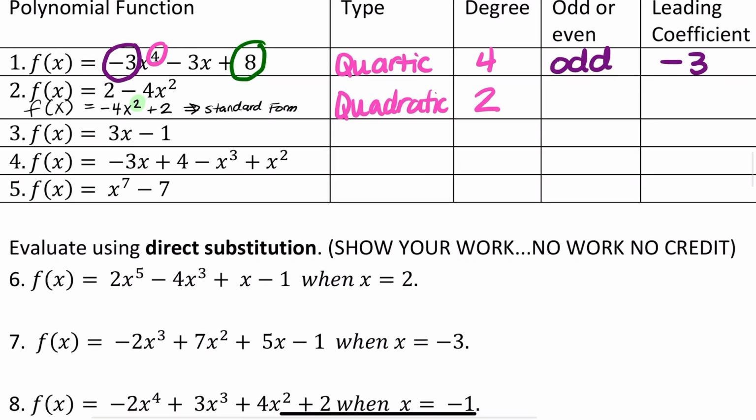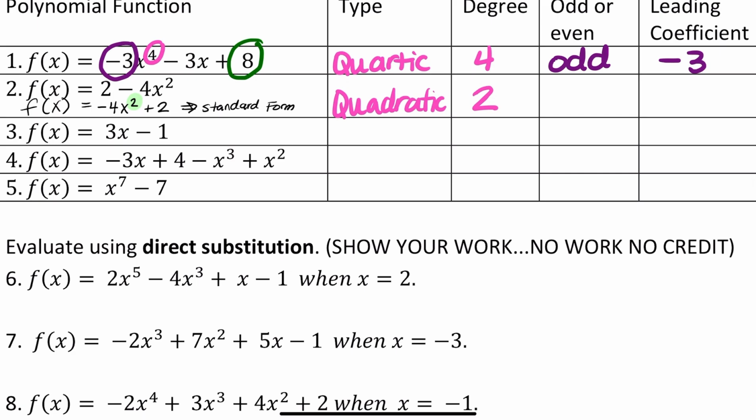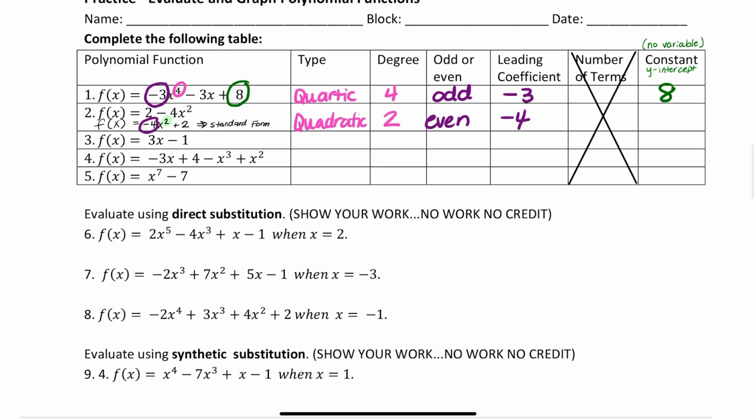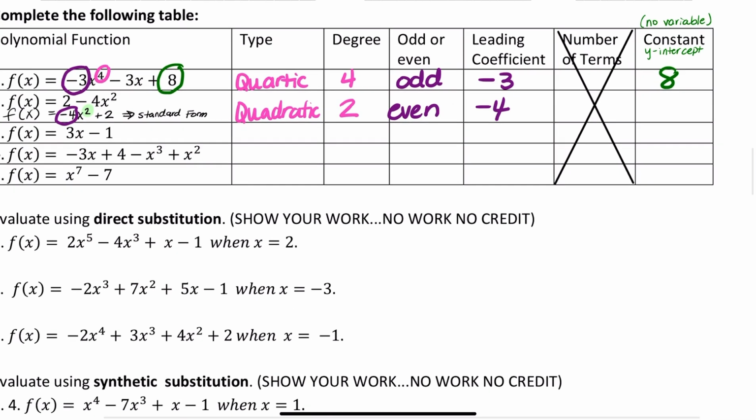The leading coefficient, again, is that number attached to that highest degree. So the leading coefficient is negative 4. And negative 4 is an even number, so this is an even function. And lastly, the constant is the number that does not contain a variable, so that's a positive 2. Again, that's the y-intercept of the graph also.